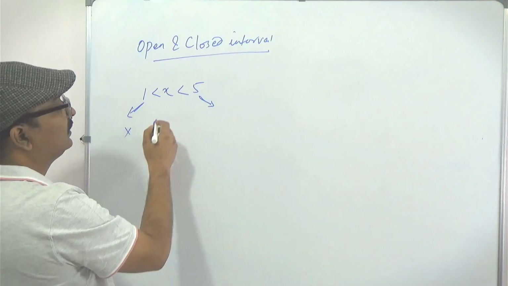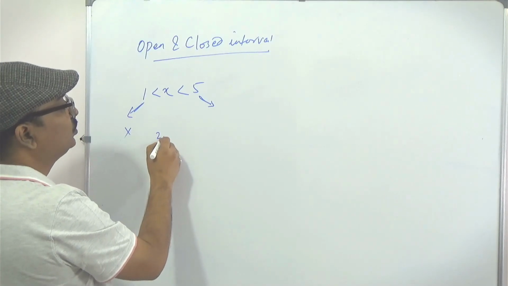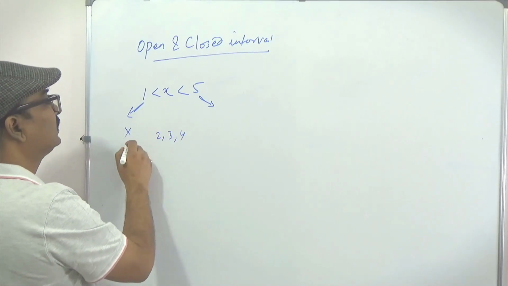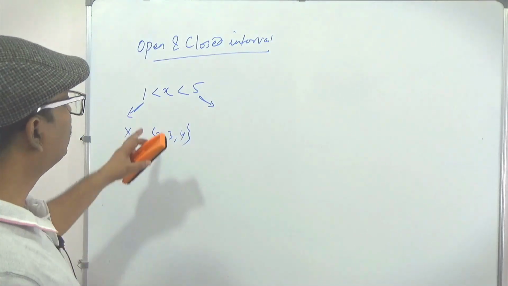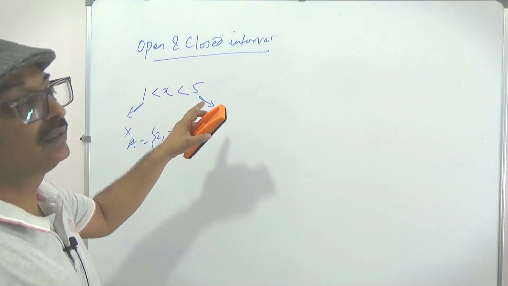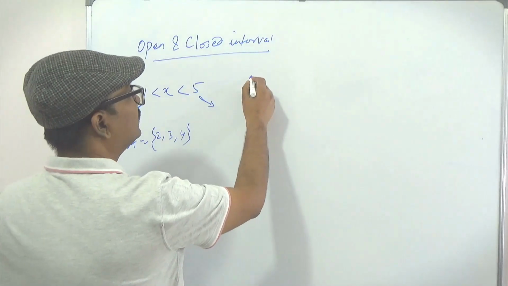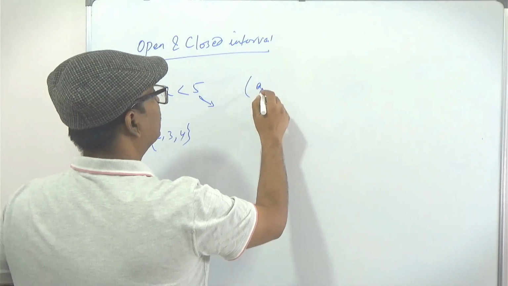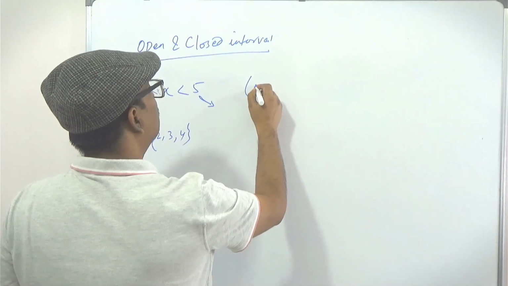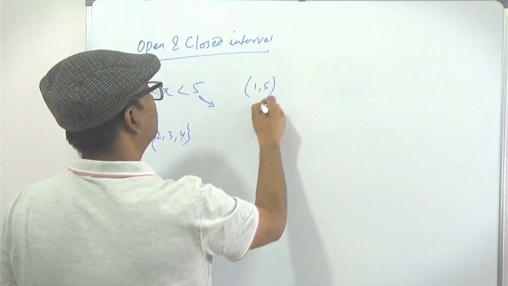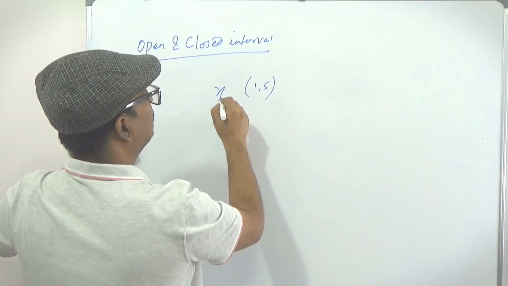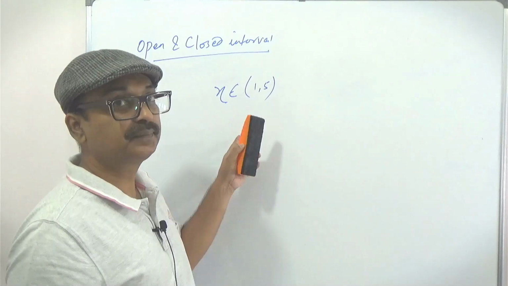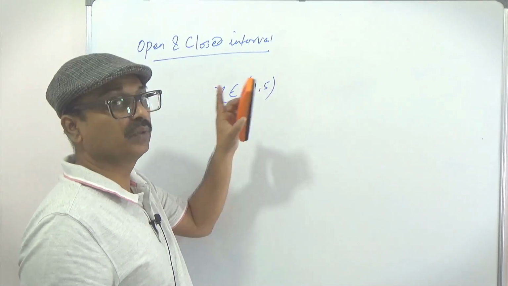If these are natural numbers, then this set will be 2, 3, 4. So this is called an open interval, and it is written with small brackets (1, 5). If we say that x belongs to this, it means 2, 3, 4.